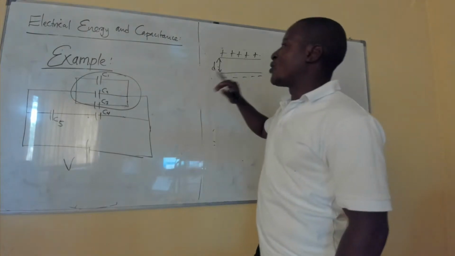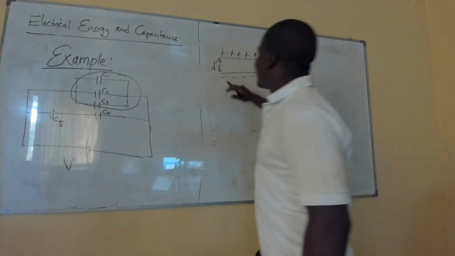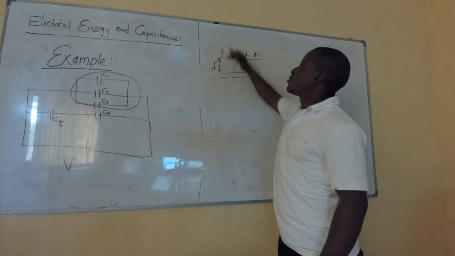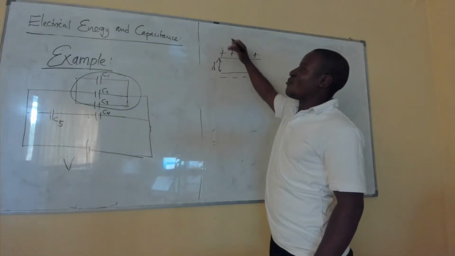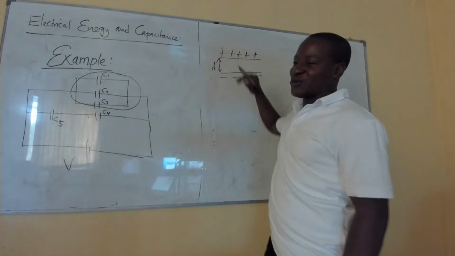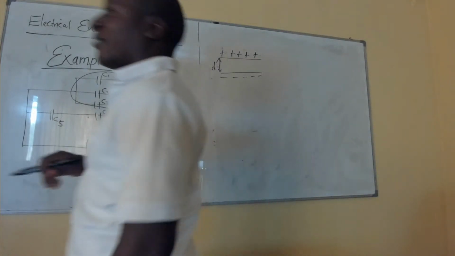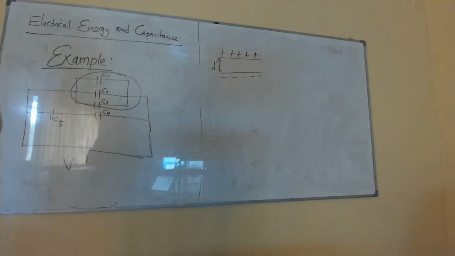So that amount of work is actually the change in the potential multiplied by the actual charge that you have. So the change in work gives us the potential multiplied by the change in the charge.